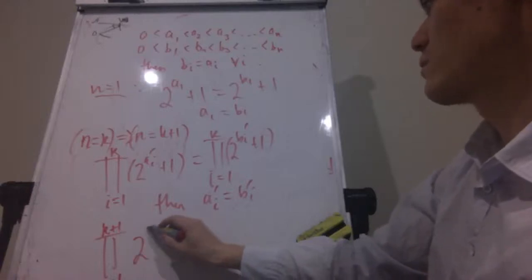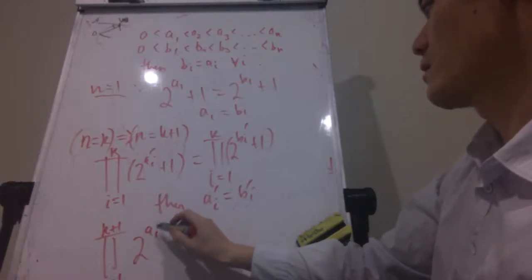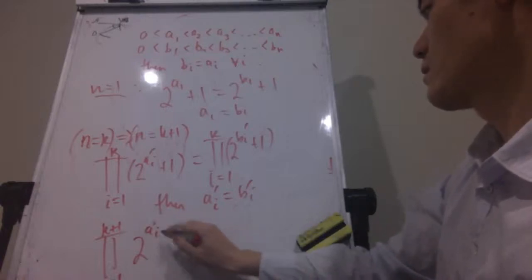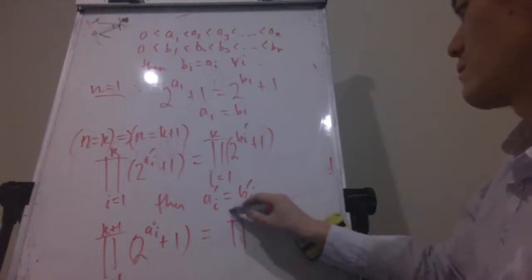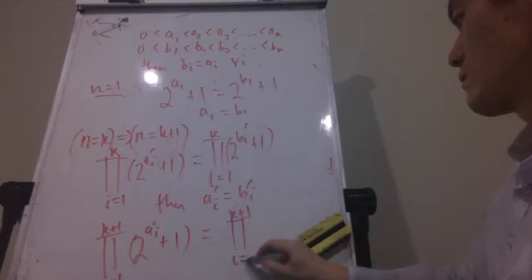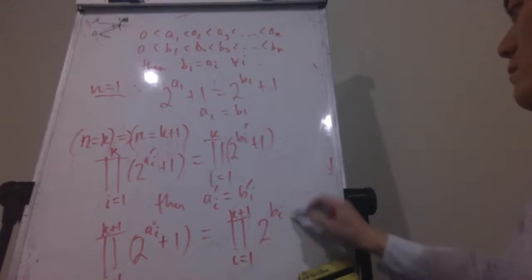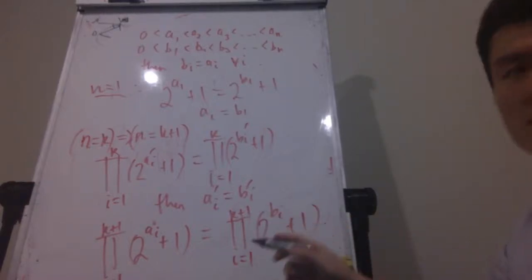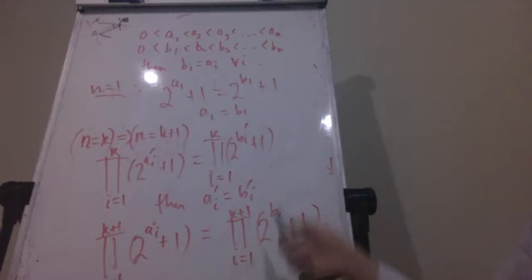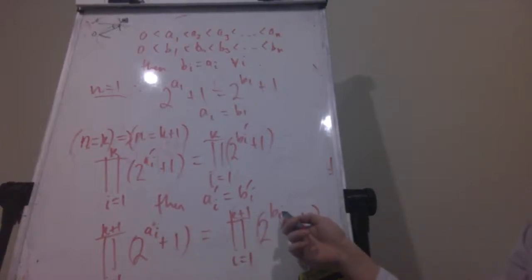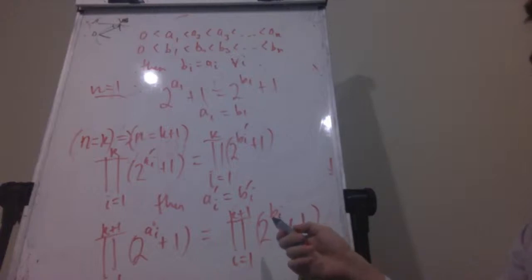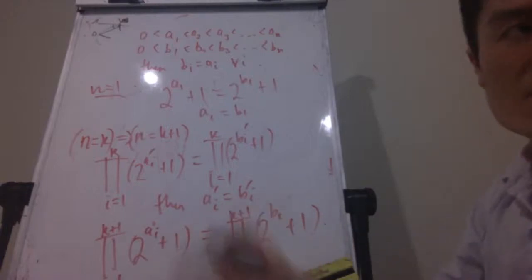You have 2 A_i. We take out the... Then we use that trick to cancel out one of the... We use the trick to show that the lowest ones are equal. So we show that A_1 is equal to B_1. And then because A_1 is equal to B_1, we cancel out that factor.